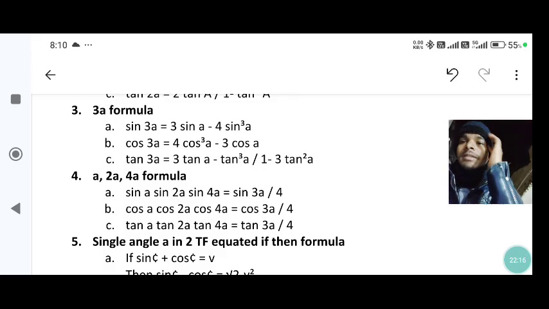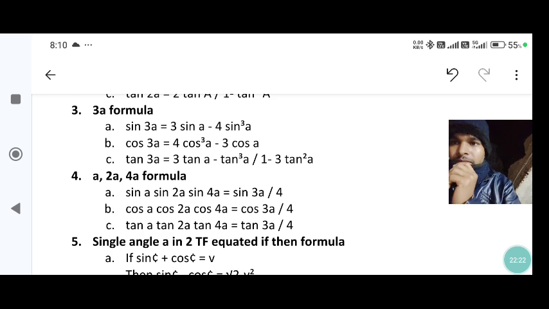For tan 3a, it is equal to 3 tan a minus tan cube a. The sides are the same, but just the 4 is removed, and instead of 4, it is divided by some value, and the value is 1 minus 3 tan square a.